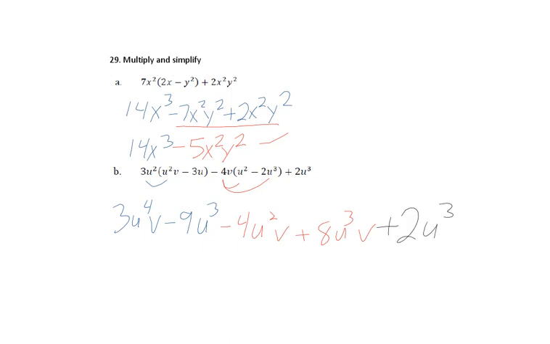Although there's a lot of similarities, there's very few like terms. The negative 9u^3 and the 2u^3 are the only like terms in the entire problem. So your answer is going to become 3u^4v minus 4u^2v plus 8u^3v, and then minus 7u^3.